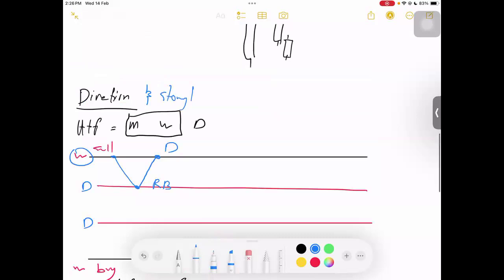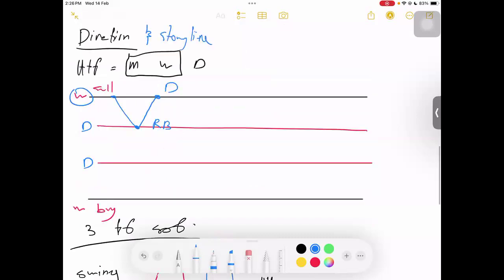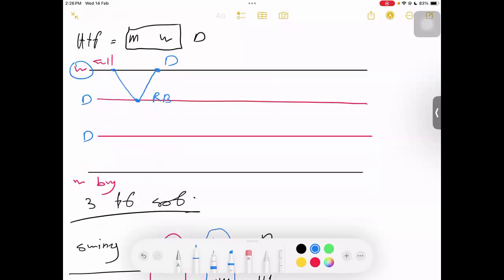Okay, if it cannot break, then it will return back. Then if it has an easy-to-easy setup, price will go down. So this kind of setup will be an EF setup, right? Yes. You can see it needs to go daily to daily first. Then the price will go to weekly.